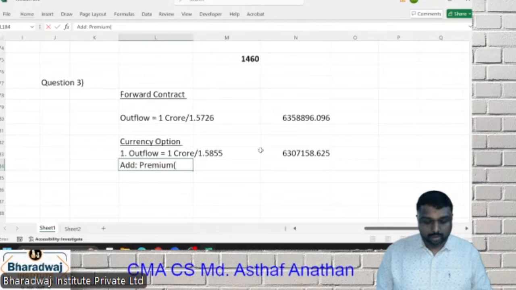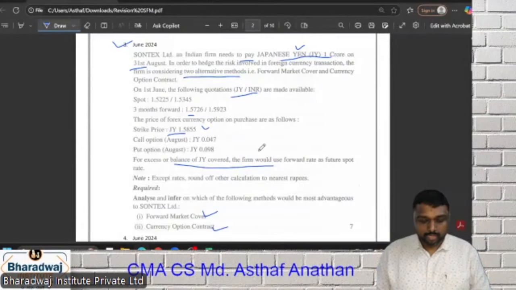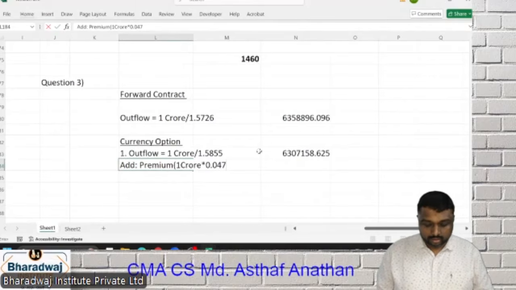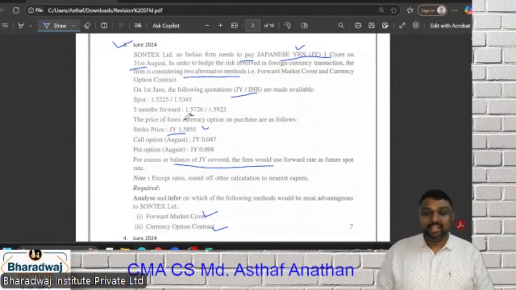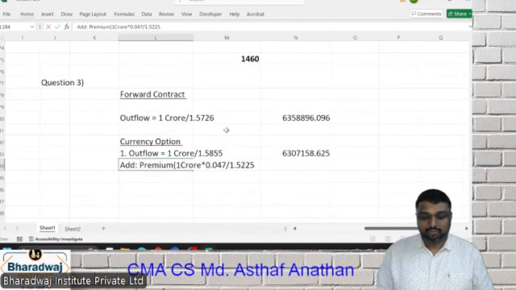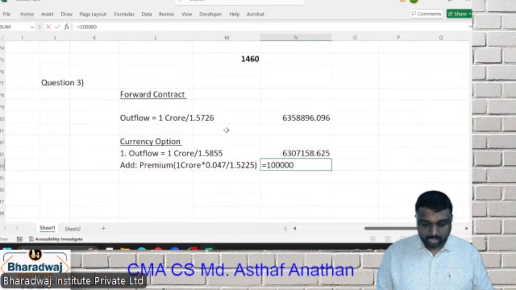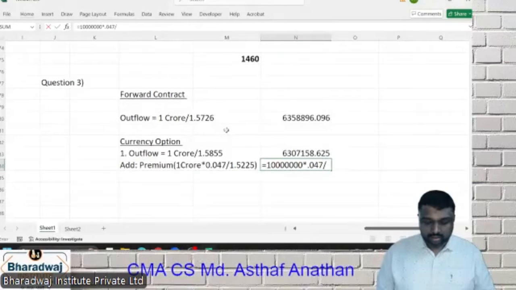What is the premium amount? 1 crore into 0.047. This you have to divide by 1.58. The premium you have to pay in the spot, so you have to take the spot price 1.5225. So 1 crore into 0.047 divided by 1.5225.